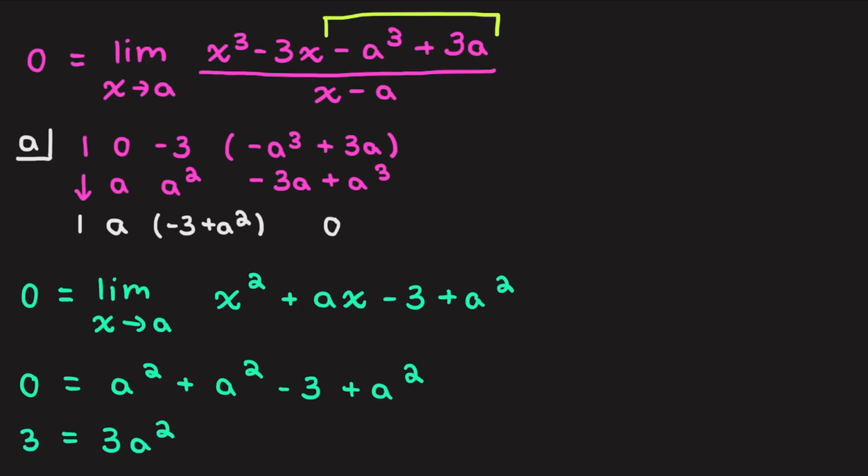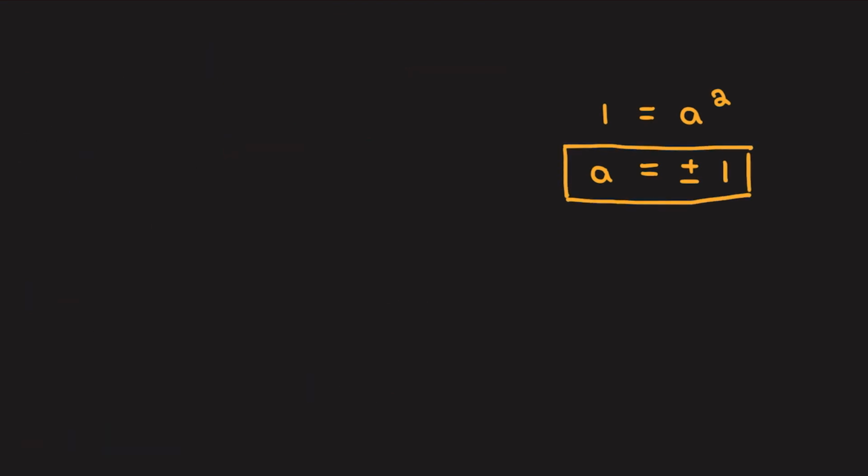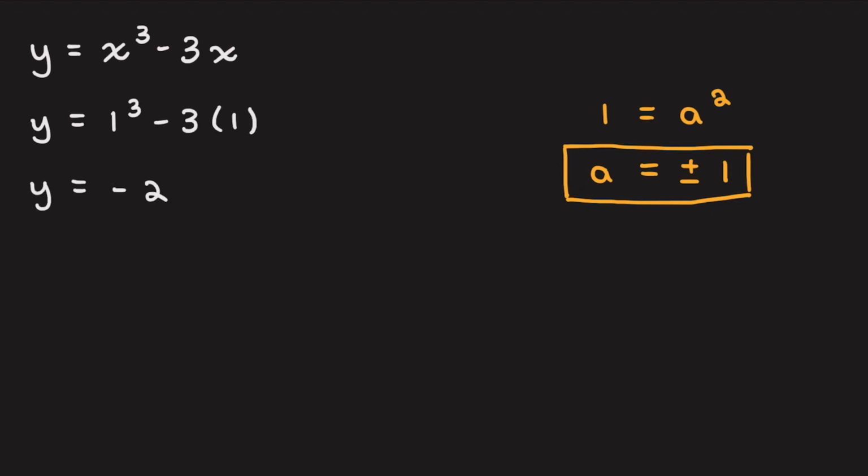Now all that's left is basic algebra, and when we solve for a, we get a equals plus or minus 1. We need to remember though that the problem asks us to find the specific points. Right now we only have the x values of those points, so we can go ahead and plug in 1 and -1 into our original equation, find the y values, and then we have our points.